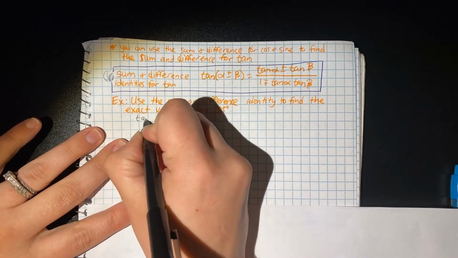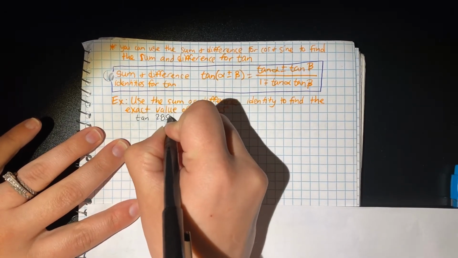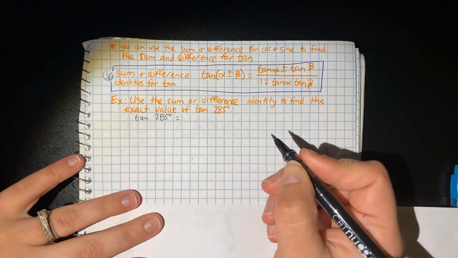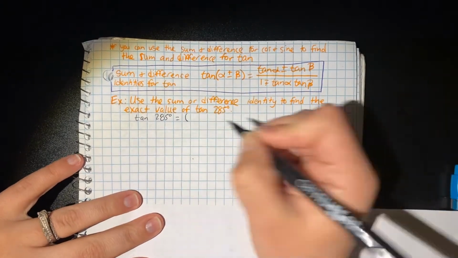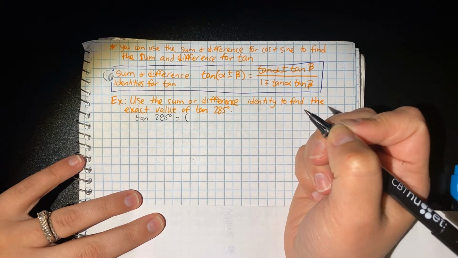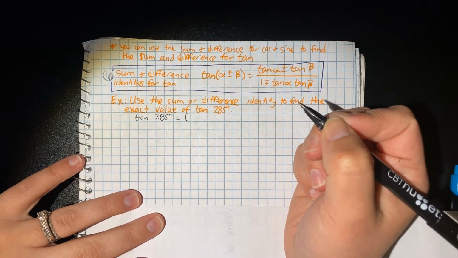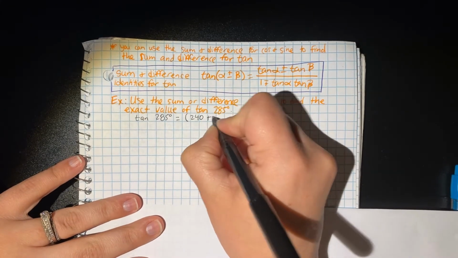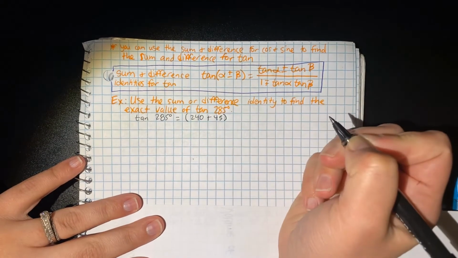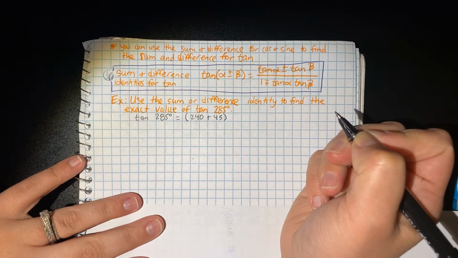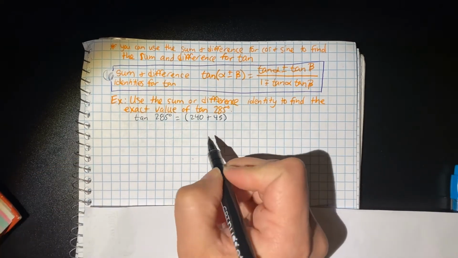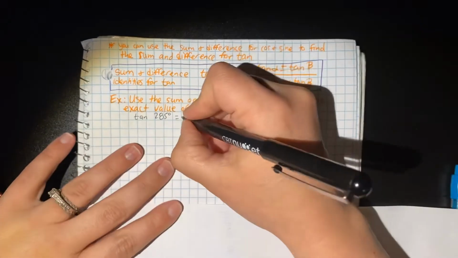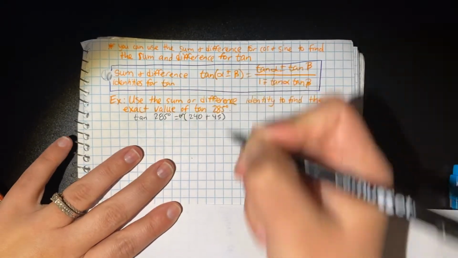Well, we need to figure out 2 degrees that we know to make 285. So 2 angles that we know on our unit circle would be 240 plus 45. So 2 sums of common angles we have on our unit circle. Once again, unit circle would be handy. Oh, and I should have a tan in front.